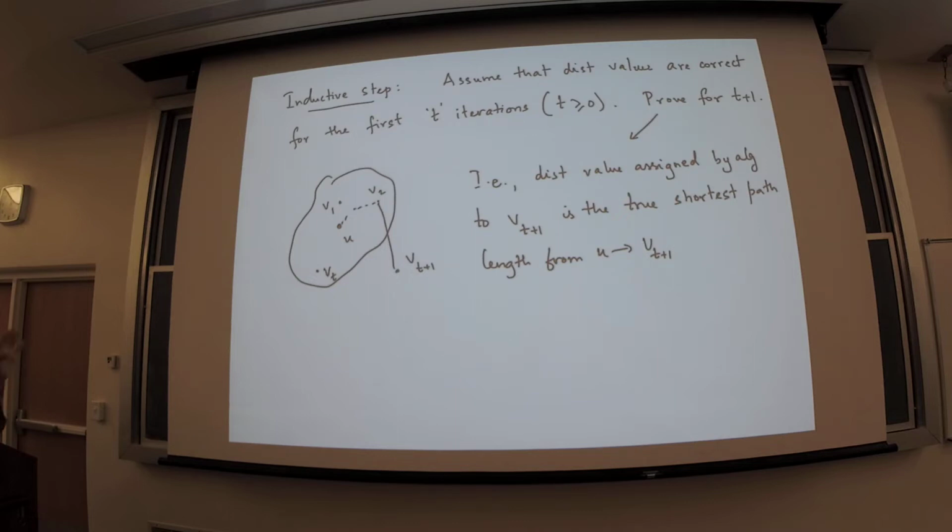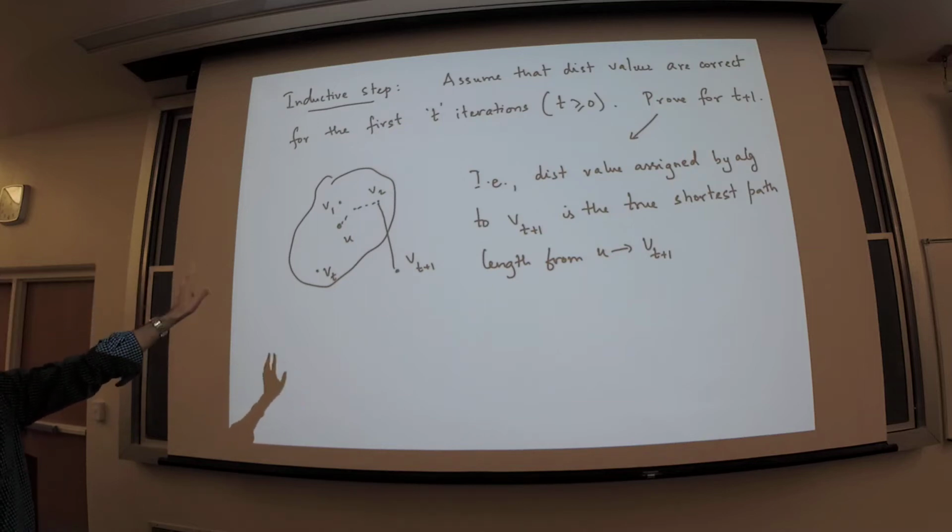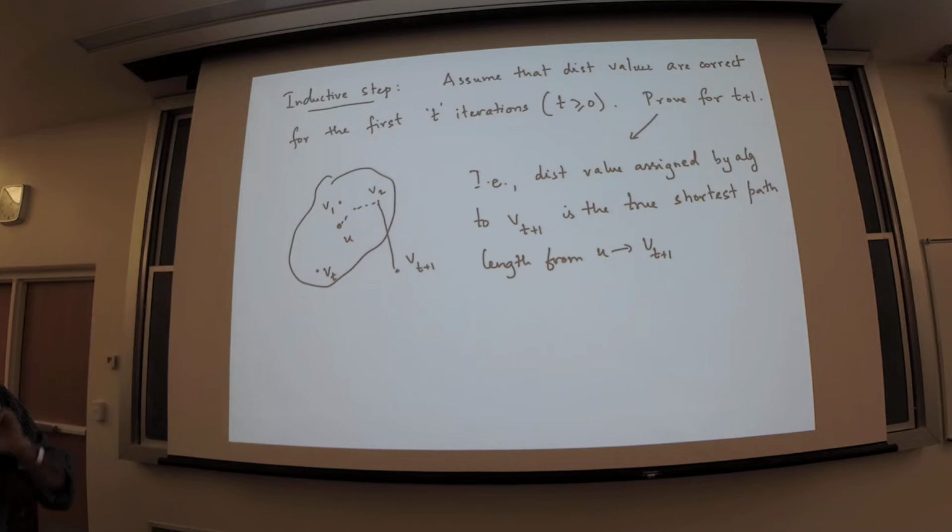Note that this is all I'm arguing. One thing you should note is, he keeps asking why I came up with this claim. The way the claim is made, you are not caring about distances to other vertices. You only care about the correct distance to vt plus 1. You'd like to claim that that is correct, and because you'll cover everyone, you will be fine.